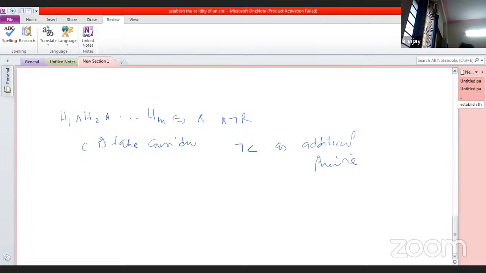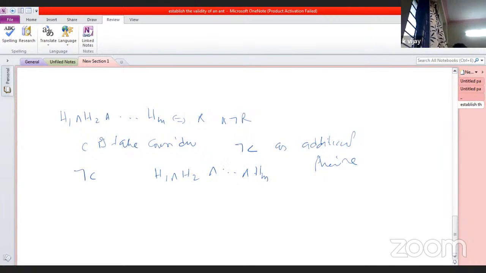So the new set of premises is inconsistent. So they imply a contradiction, so the assumption of negation of C does not hold simultaneously with H1, H2, and Hm being true.